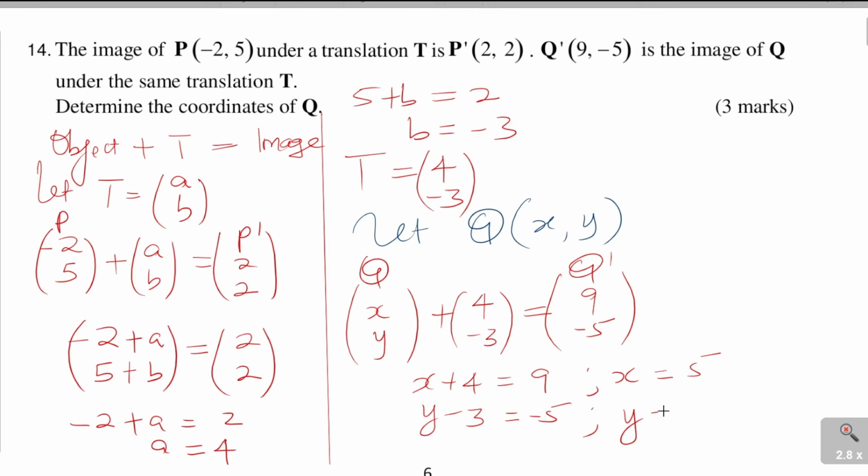Therefore y is equal to -5 plus 3, that gives -2. Therefore Q is given by the coordinates x is 5 and y is -2. So those are the coordinates.